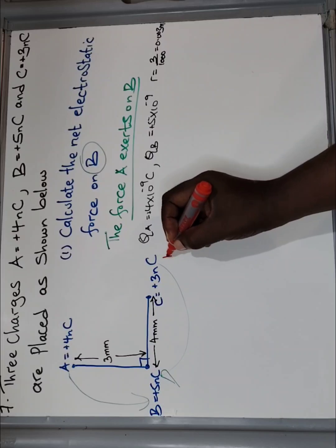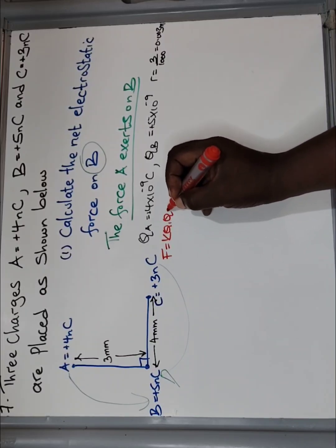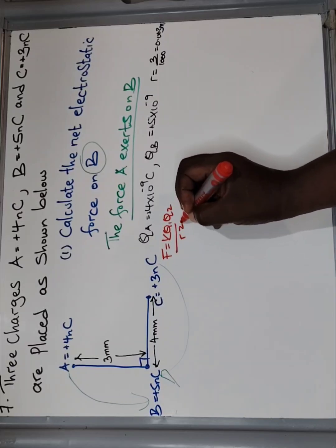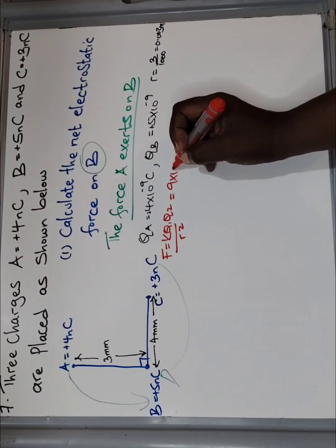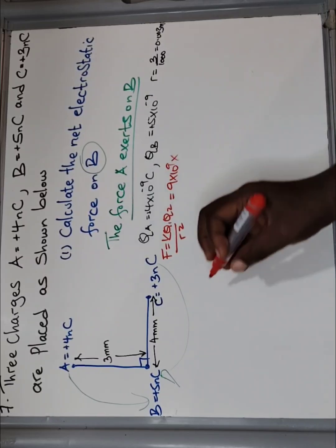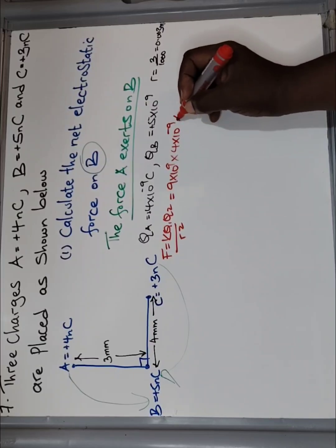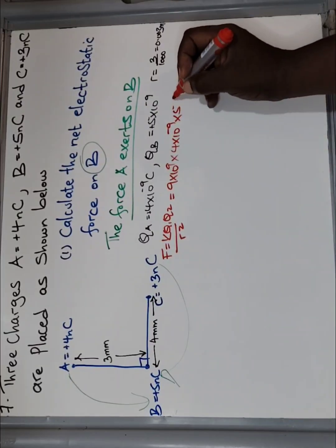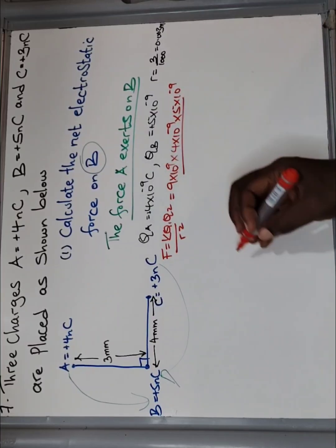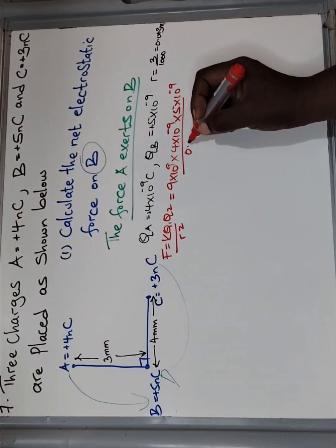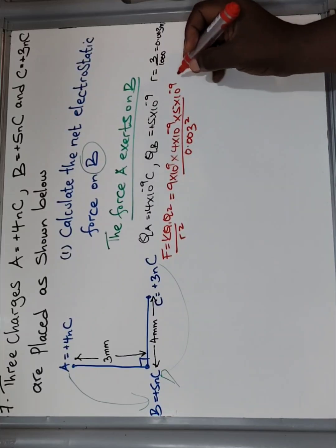And our formula says F is equal to KQ1 Q2 over R squared, where K is 9 times 10 power 9 and Q1 is 4 times 10 power minus 9 and Q2 is 5 times 10 power minus 9 and the distance say is 0.003 squared.